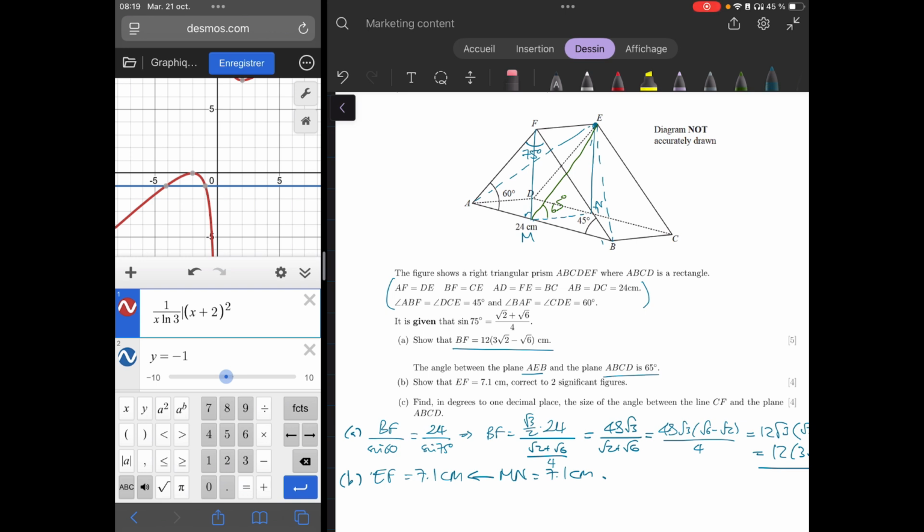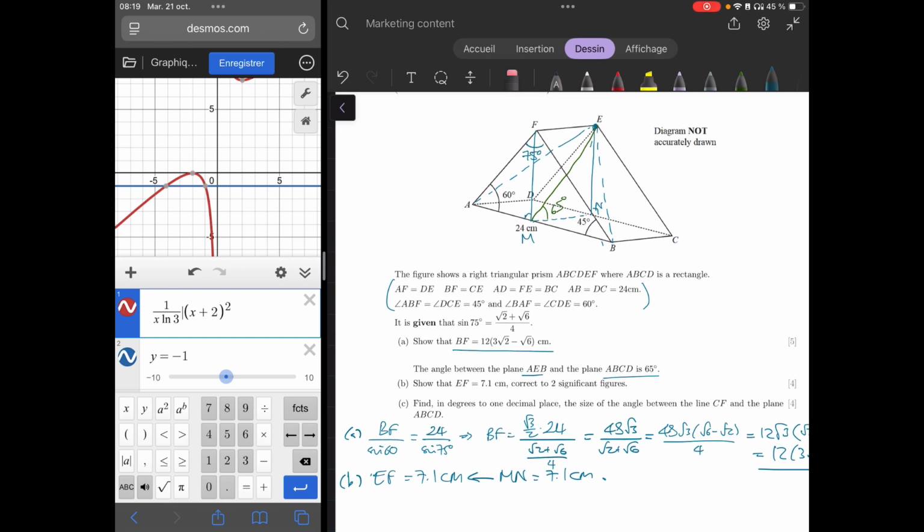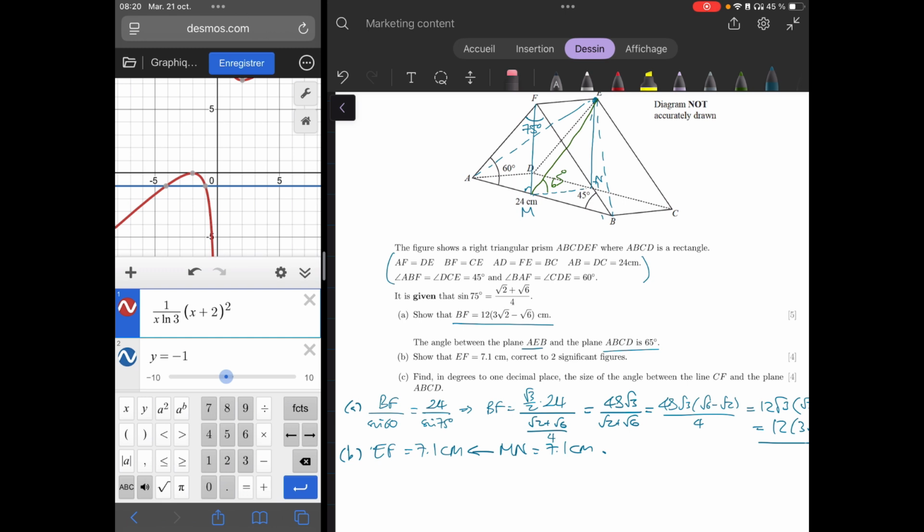So, first we need to find the length of EN, or the length of FN. And there are a lot of ways we can go about this. We just found the length of BF in the previous question part. Now we want to find the length of MF.